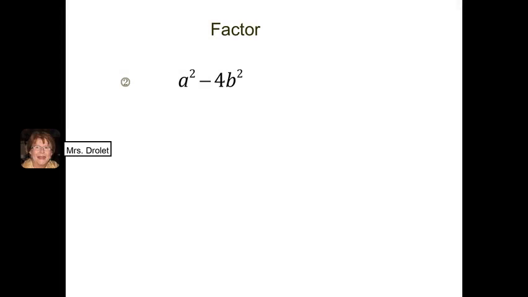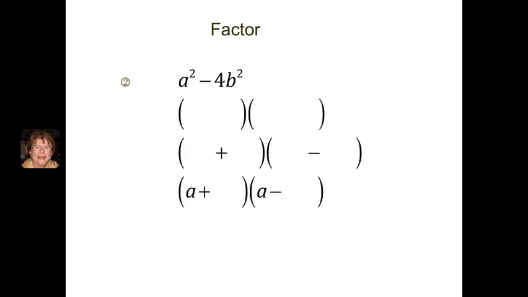Recognize that you have the difference of 2 perfect squares. Place your 2 sets of brackets. One of the factors will be the sum of 2 expressions, the other will be the difference. Next step, find the square root of the first term. Square root of a squared is a. That's the first term in each factor.